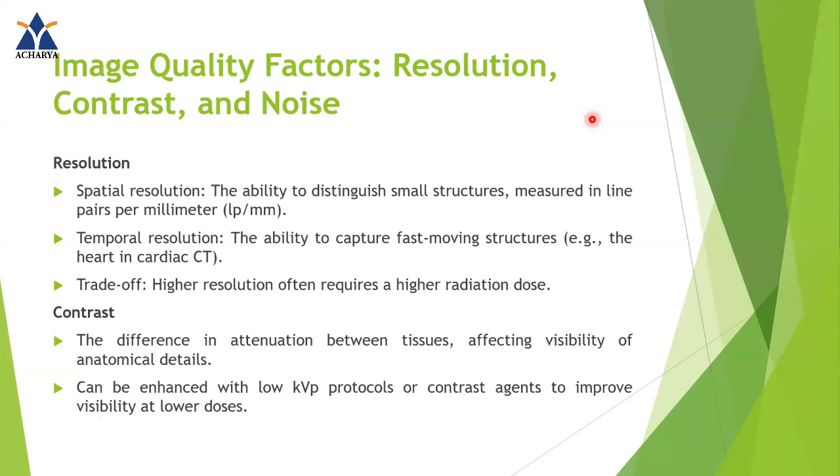Temporal resolution is the ability to capture fast moving structures, mainly in the heart or cardiac scan. The trade-off is that whenever higher resolution is required, the radiation dose required will automatically be high, because for fast image acquisition you need a very high kVp and mAs. Especially mAs should be very high for ultra fast acquisition scans.